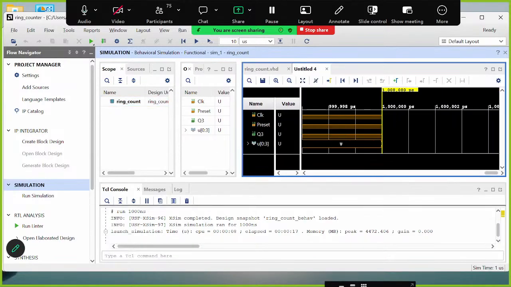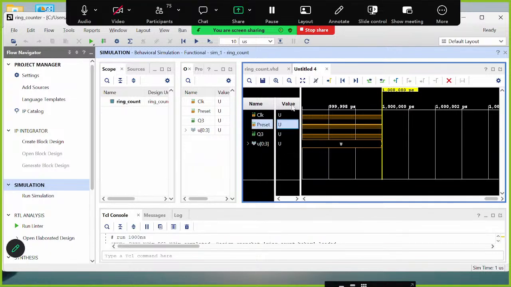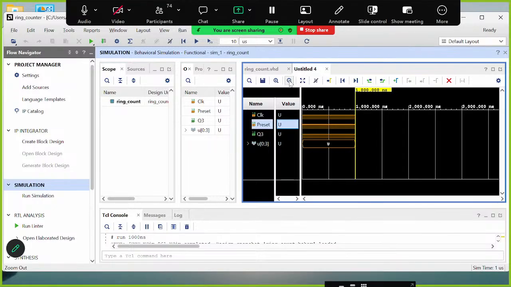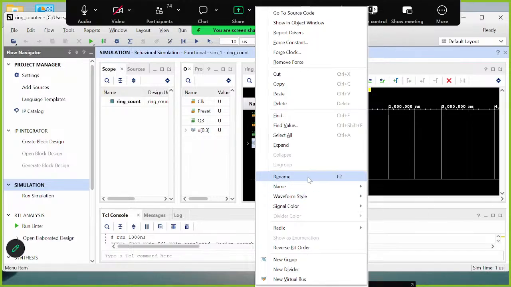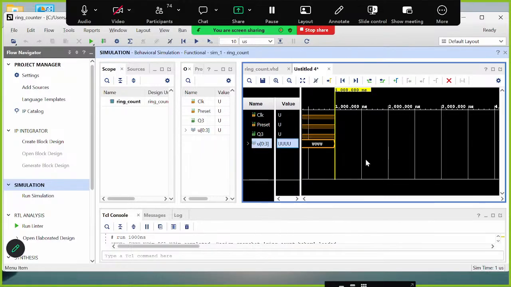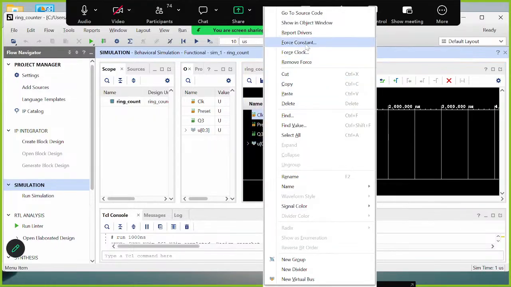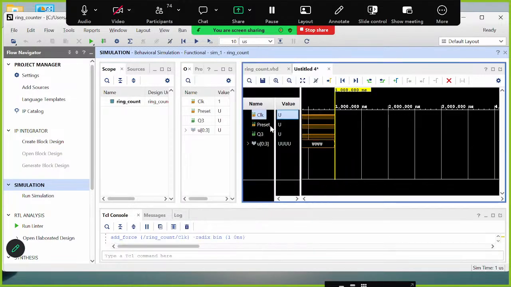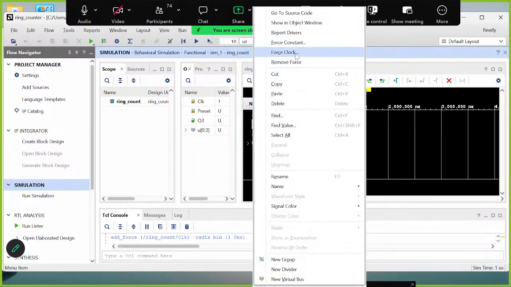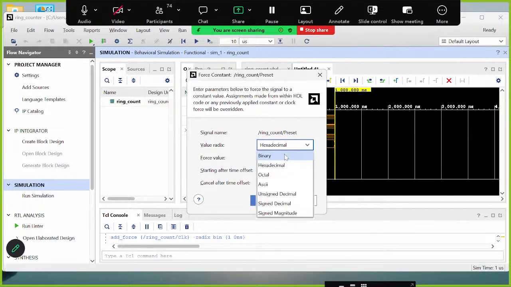Let's check once again. Change its radix to binary, apply clock as 1, and initially apply preset as 0.